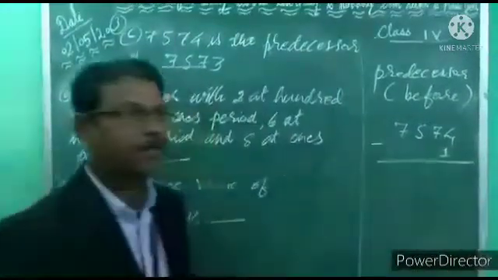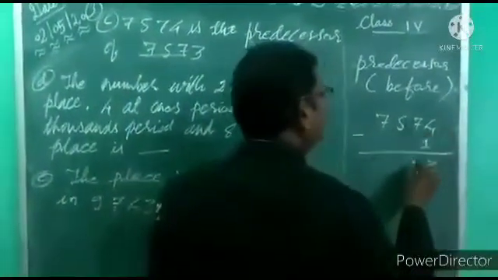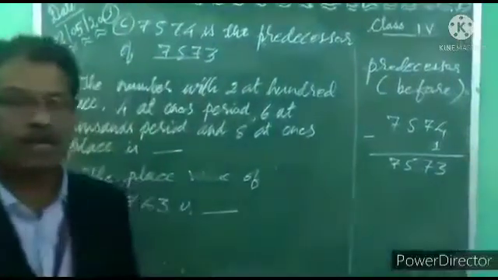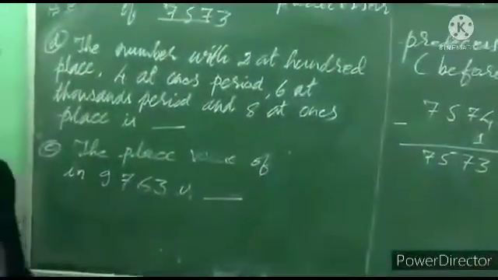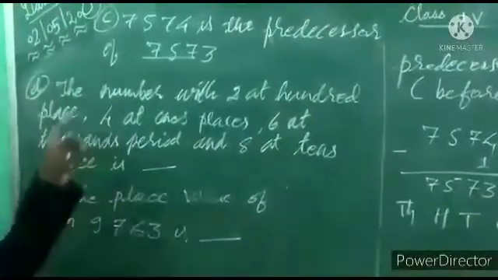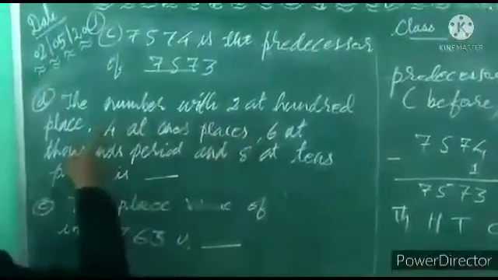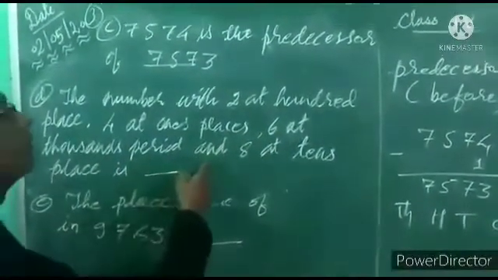Now 4 minus 1 is 3, so this is 7, 5, 7, 3. Your answer is 7,573.